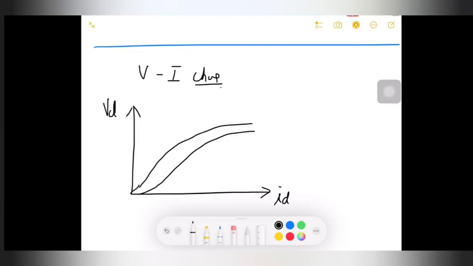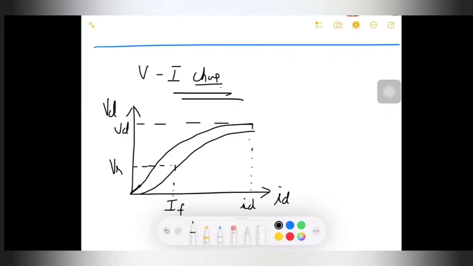One graph will be in this fashion, another this way. The peak of the first graph is VD, and the other graph at this point is called VR, and the point with respect to VR is IF, and the point where I get VD is called ID.